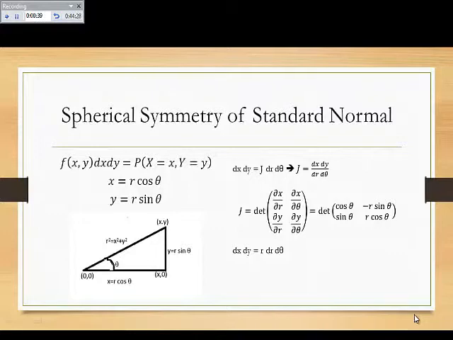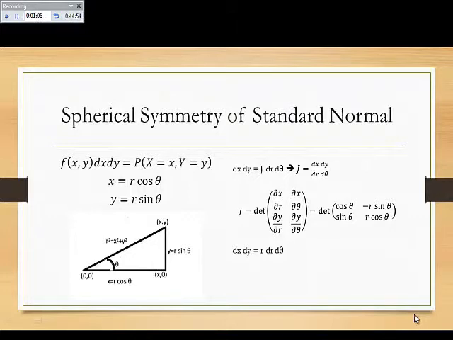Now it's useful to think of the infinitesimal density as f of x y dx dy. And now I'm going to transform the x y. Remember, x y are your coordinates in your Euclidean plane. Now if you make a little triangle from the origin to x y, then you see that the distance from 0, 0 to x y is r, where r squared is x squared plus y squared.